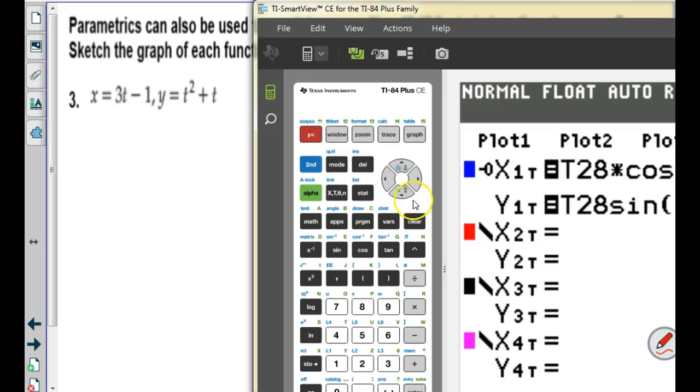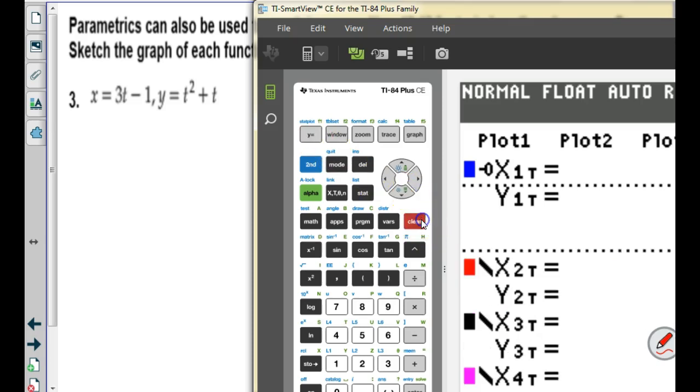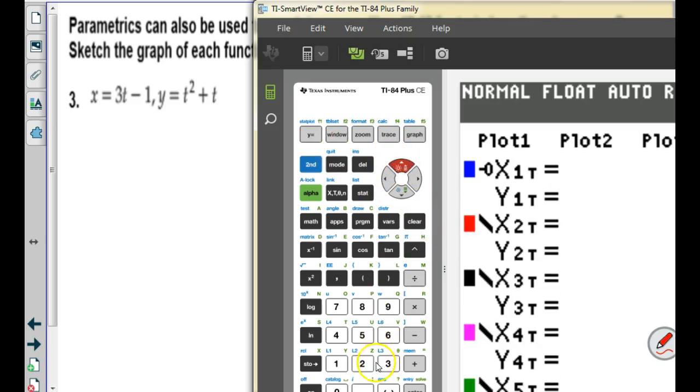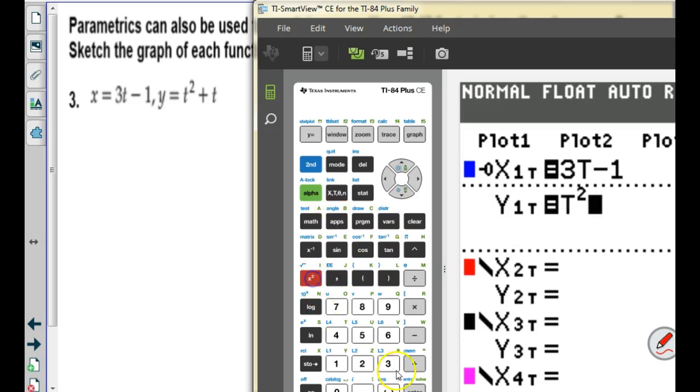Okay. So I'm going to clear all this out, and I'm going to put in 3t minus 1 and t squared plus t. Now, they don't give us a value for t.